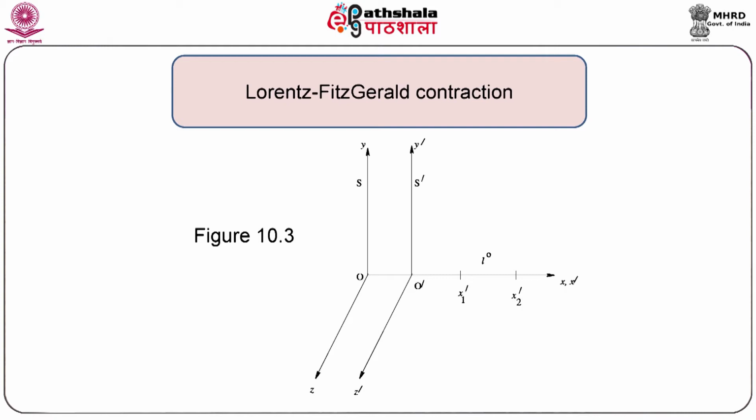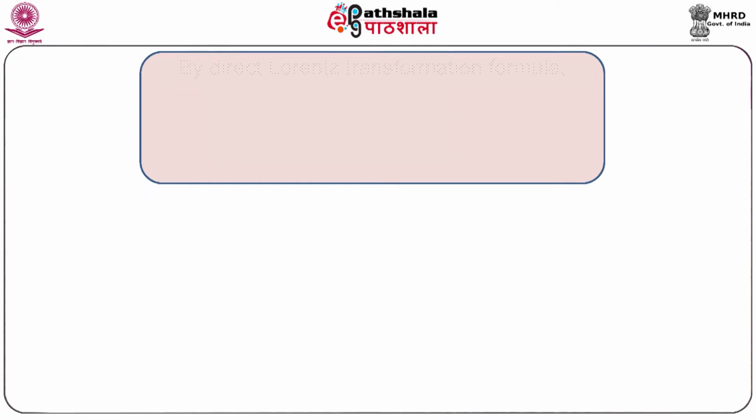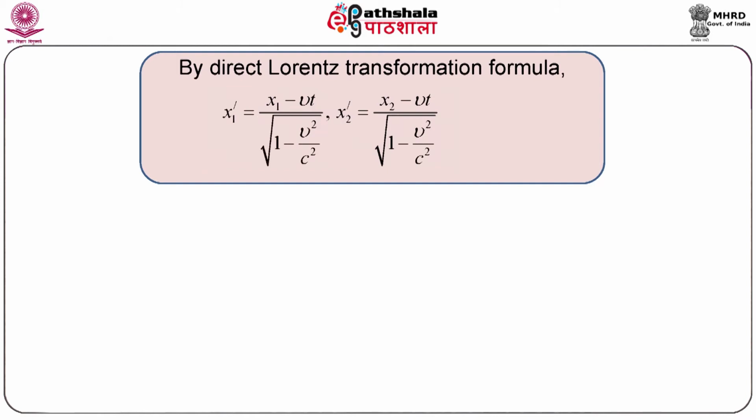As x1 dash and x2 dash are fixed coordinates, the length of the rod, L superscript 0, is given by x2 dash minus x1 dash. In the previous module, that is module 1 of chapter 10, we obtained the direct Lorentz transformation formula, which is given by this one.